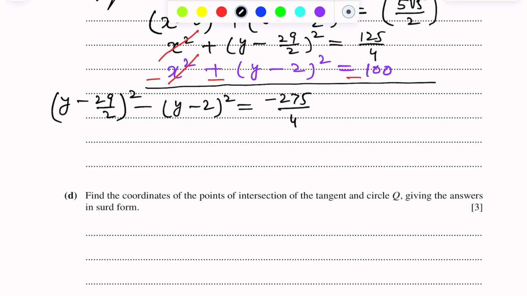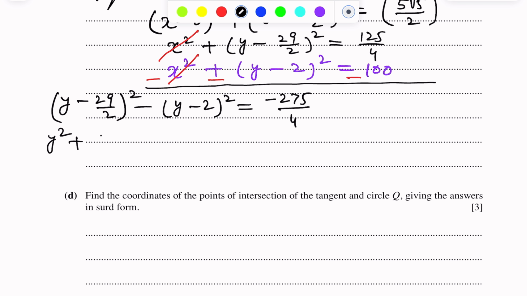Now we will use the identity for squaring: y square plus a square plus b square minus 2ab.